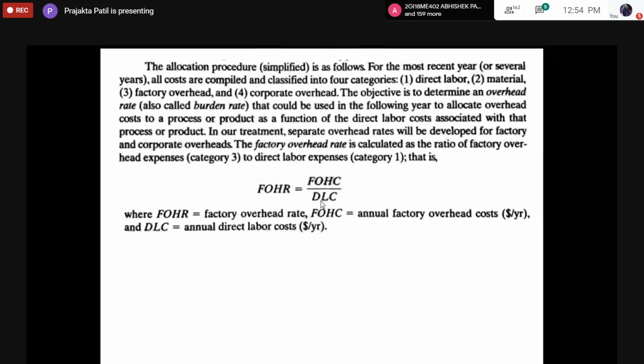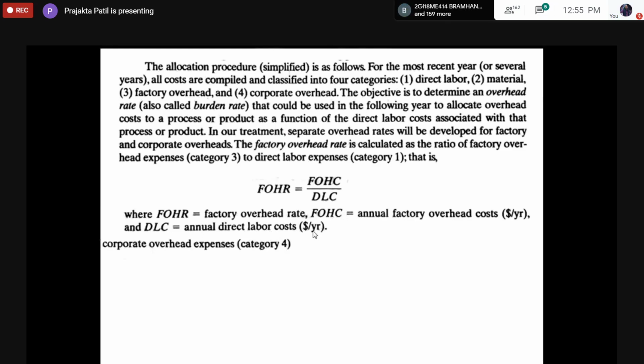You can also change this to material cost, that's okay, but in most common practices they consider the direct labor cost, and that is what we are following here. So FOHR is the factory overhead rate, basically expressed in percentage. FOHC is the annual factory overhead cost, and then the direct labor cost, that is the annual direct labor cost.